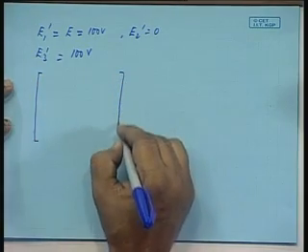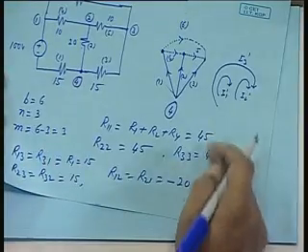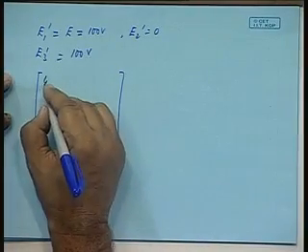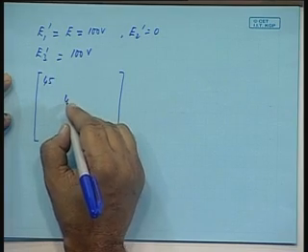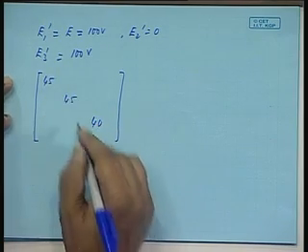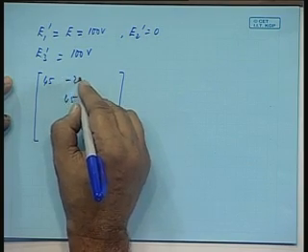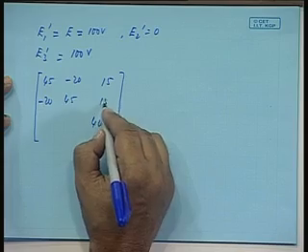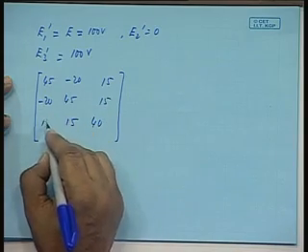If you permit me to write these values in the R matrix, it will be 45, 45 and 40, R11, R22 and R33, then minus 20, minus 20, 15, 15, 15, 15.